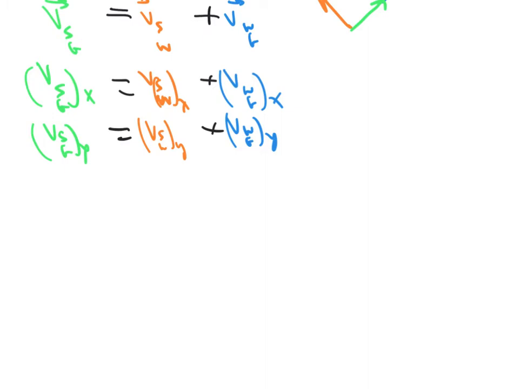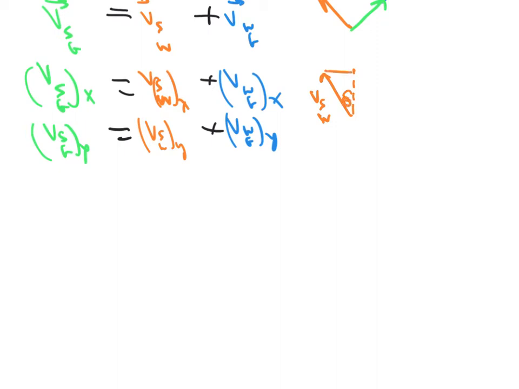Well, to get the velocity of the swimmer with respect to the water, that's angle theta, which was given.